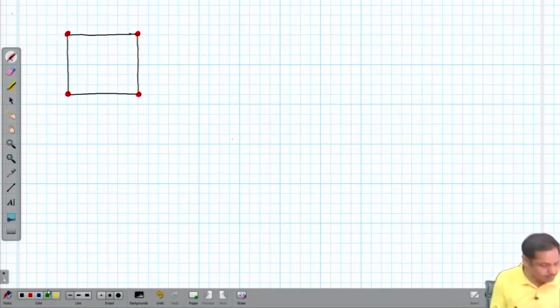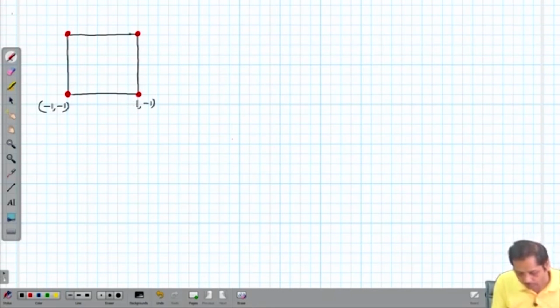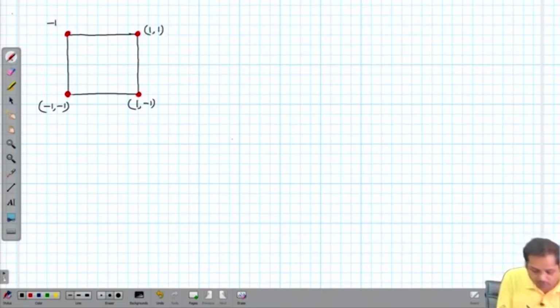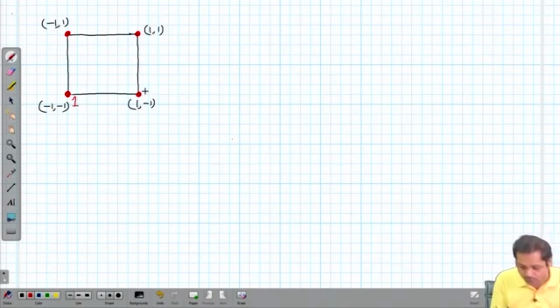The coordinates are minus 1, minus 1; then 1, minus 1; then 1 and 1; and minus 1 and 1. Suppose this is node number 1, this is node number 2, node number 3, and node number 4.